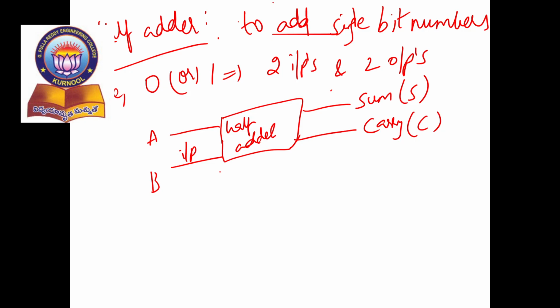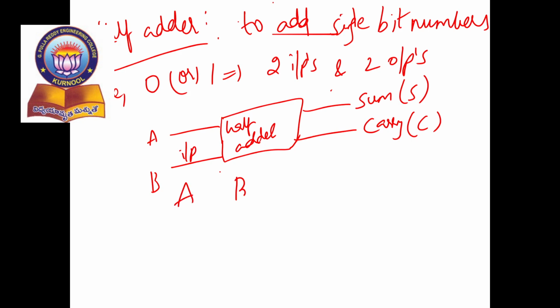So totally we have two inputs, A and B, and as we are giving two inputs, we have to get two outputs also. Inputs are A and B, and outputs are the sum and carry. Now we have to understand the truth table for these inputs.